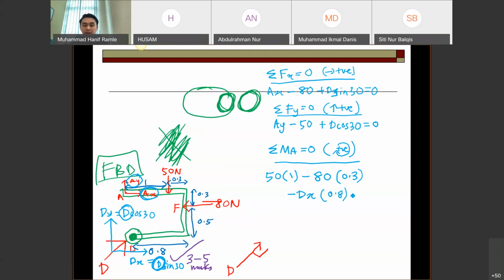Then the last one is dy, which should be negative as well. The perpendicular distance is from the line of action of dy to the point A, which is 1.3 minus 0.8, which is 0.5, and it must be equal to 0.